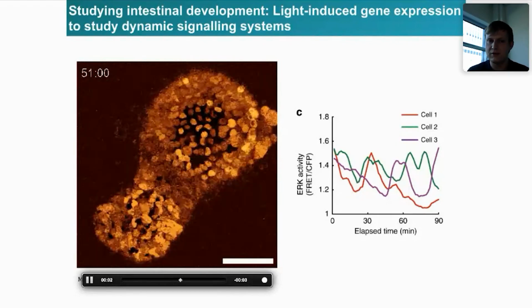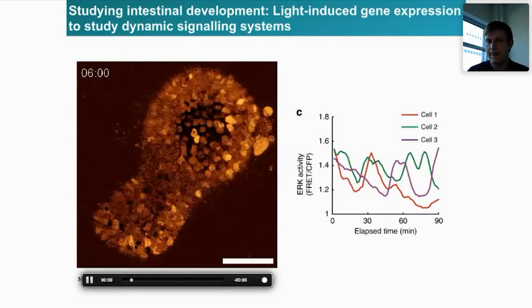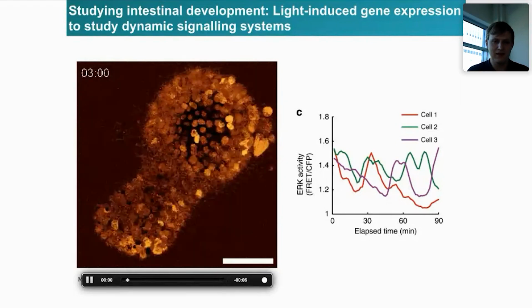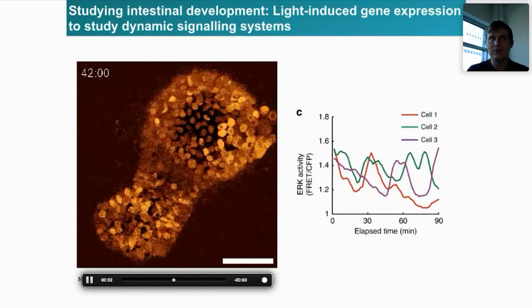Is it the dose that matters, or is it the time at which the cells activate the signaling system? And with that, I want to finish and close my talk.